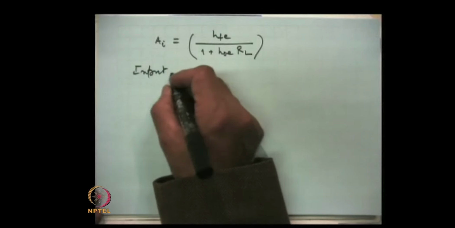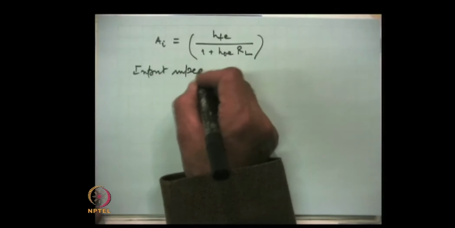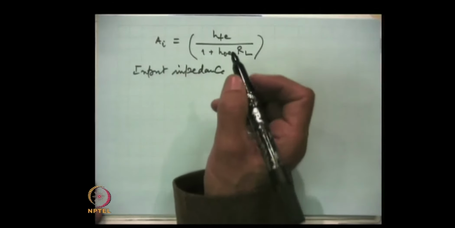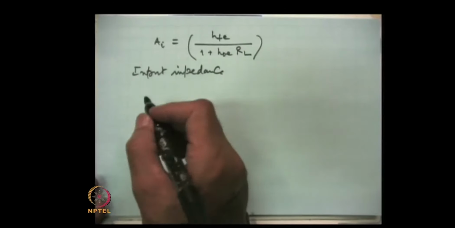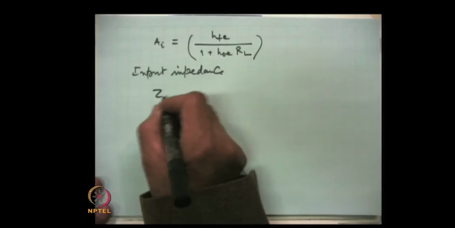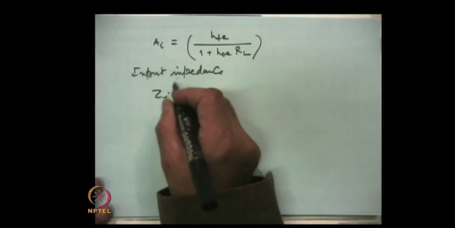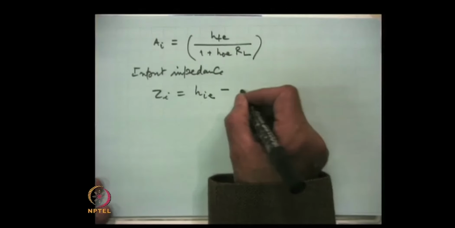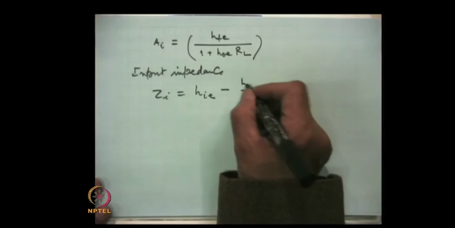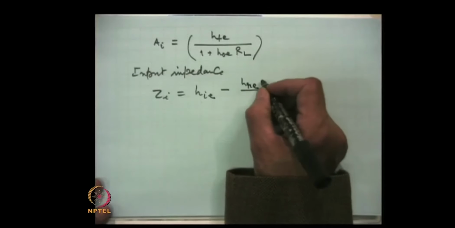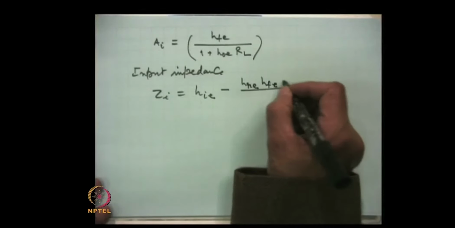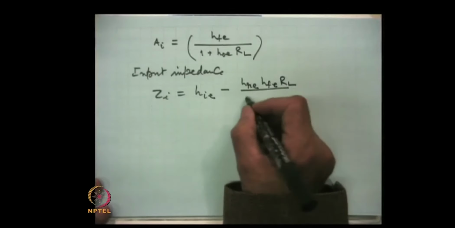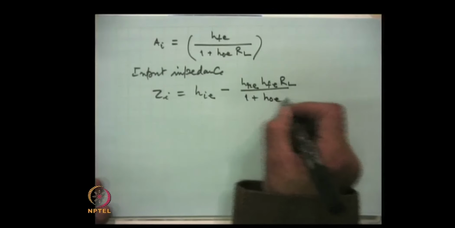And then we have input impedance for CE amplifier. This is equal to HIE minus HRE HFE RL by 1 plus HOE RL.